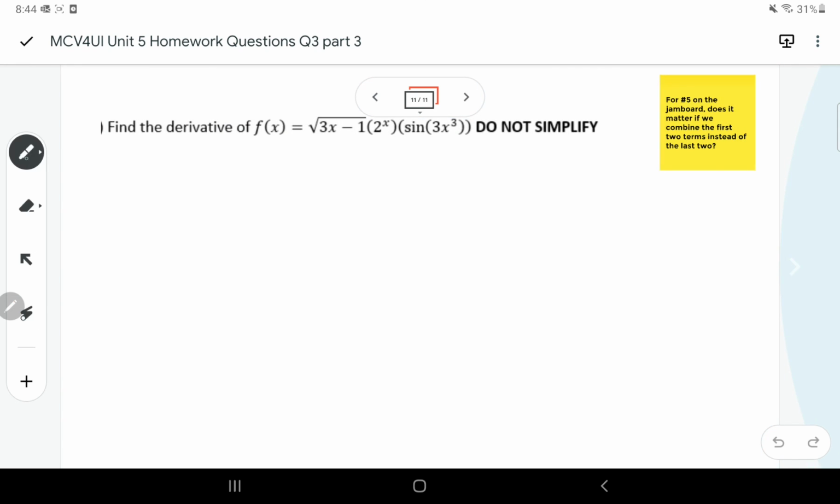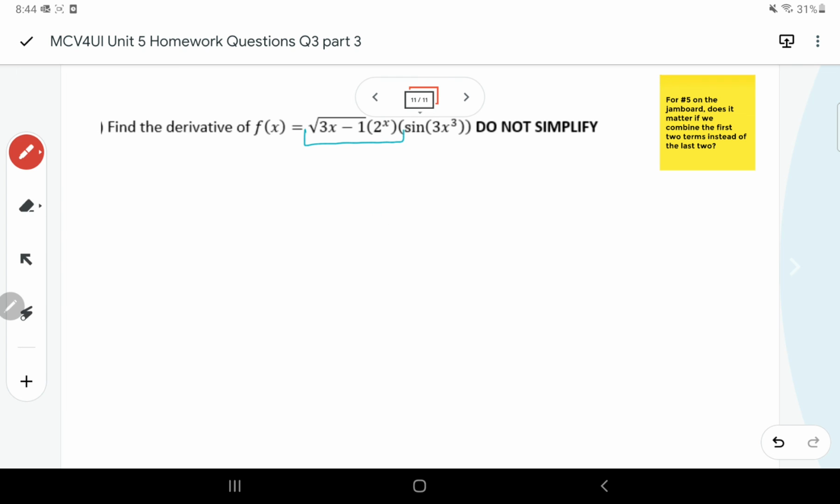Good question here on the example from the Jamboard. It does not matter if you combine the first two terms. I said that I was going to look at it as this term times this one, but it totally doesn't matter.